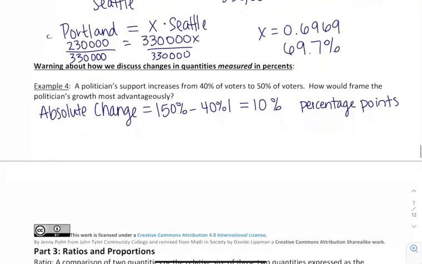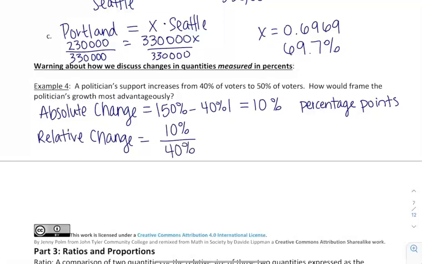If we wanted to turn this into a relative change, you would take that same 10%, divide by where we started, which was 40%, and you get 0.25, but this is yet another percent.